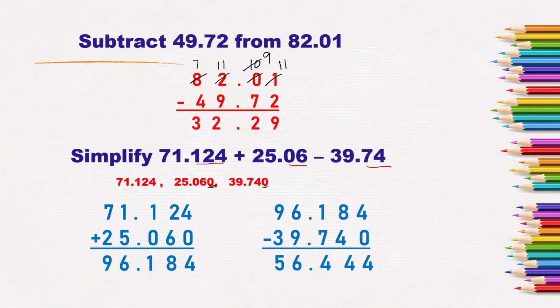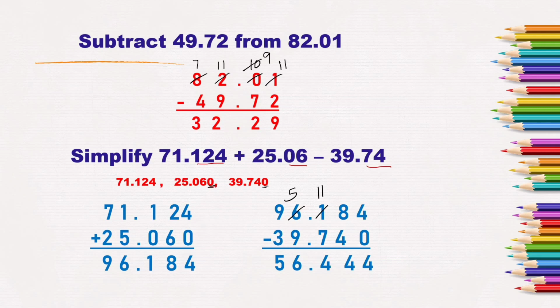Now 4 minus 0 is 4 itself. 8 minus 4 is 4, but from 1 we cannot take away 7. Again we'll have to borrow from 6. So 6 here becomes 5 and 1 becomes 11. 11 minus 7 is 4 and again from 5 we cannot take away 9. What do we need to do?